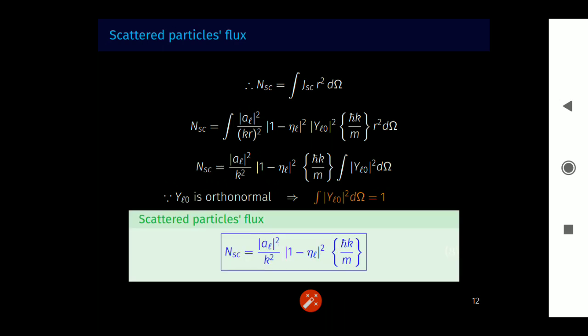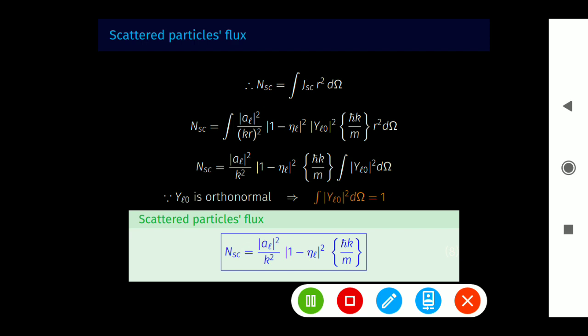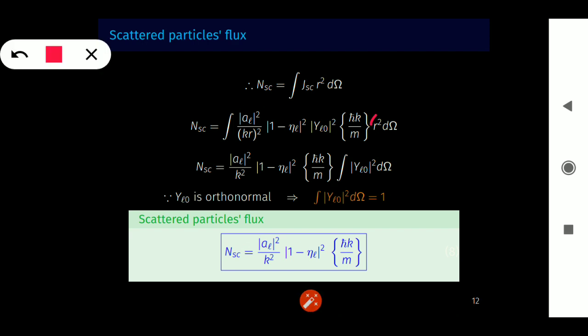Therefore the scattered particle flux is modulus of A_l squared by k squared times modulus squared of (1 minus η_l) times ħk by m. Note that r squared cancels during simplification.